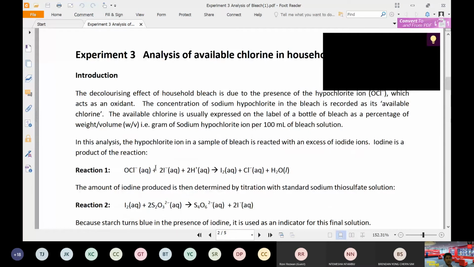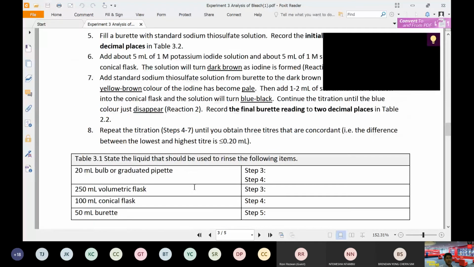Hypochlorite 1, iodine 2. So from there we can calculate how much iodine will be required for C. But for B, as we are adding 5 milliliters of 1 molar potassium iodide, from there we can find the number of moles of iodine.